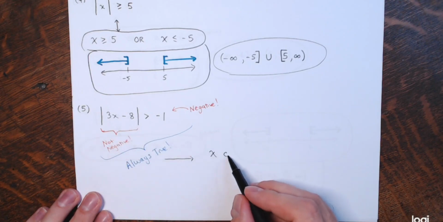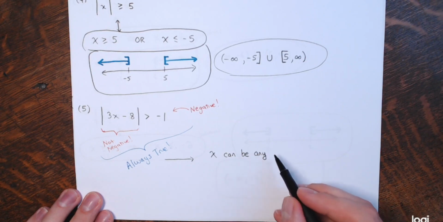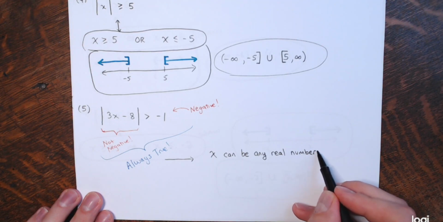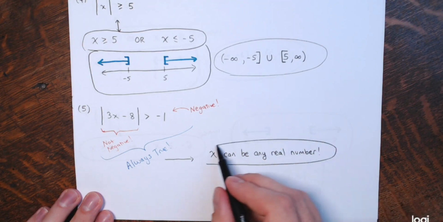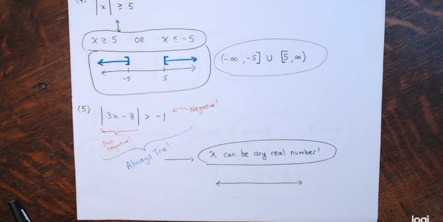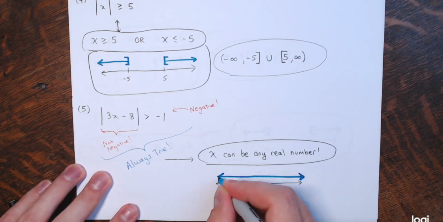X can be any real number. Or you can just write all real numbers or something. Then the graph, right, the picture of the solutions, I mean, just indicate that everything is a solution, from the far right forever to the far left forever.